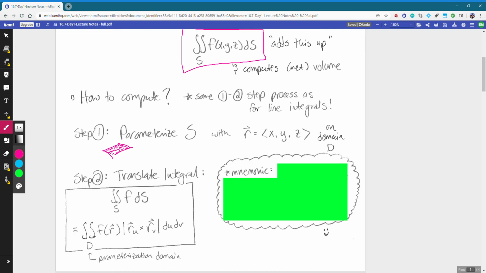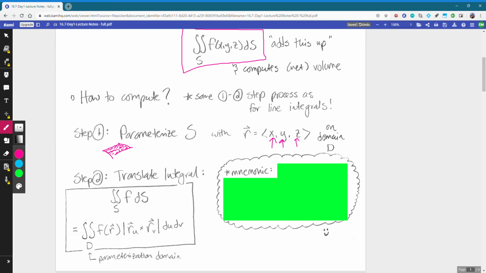And so here in the box, this is our translation formula. So we translate to a double integral over our parameterization domain of our function, where we sub in x, y, and z in terms of what they are from our parameterization. And we have this thing over here that's showing up.